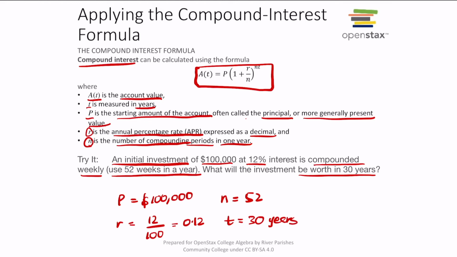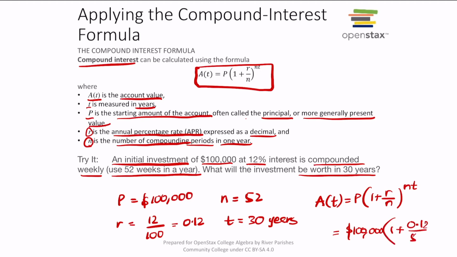Now, substitute everything into the formula. So A(t) = P(1 + r/n)^(nt). So P here is $100,000 times (1 + r/n), which is 0.12/52, to the power 52 times 30. So let's first find 0.12/52.